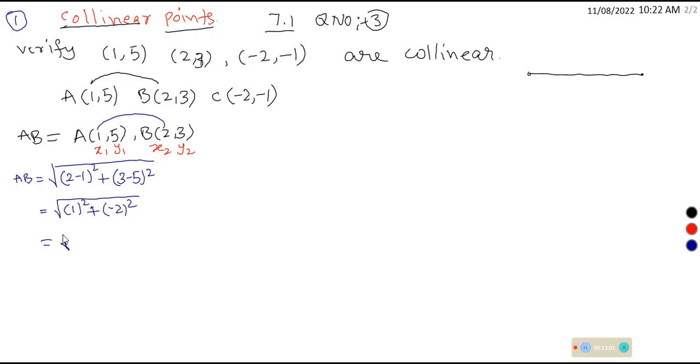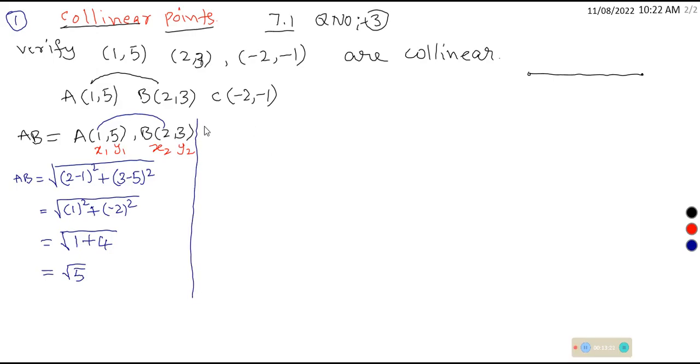Then 1 square is 1 plus minus 2 square is 4. This is root 5. We got the AB distance as root 5 units.